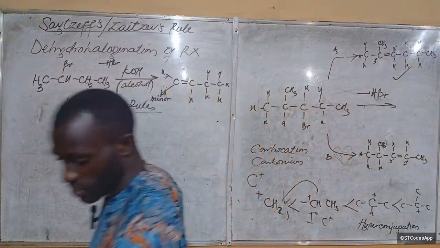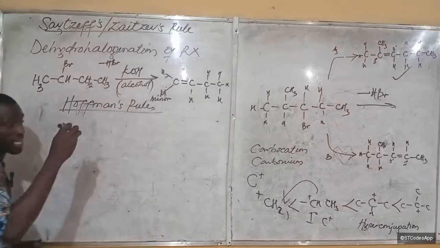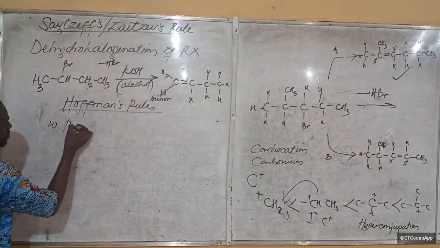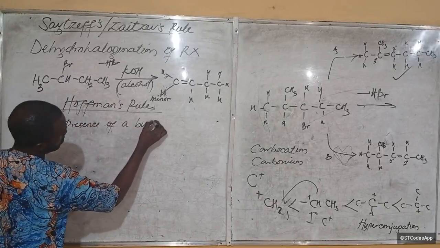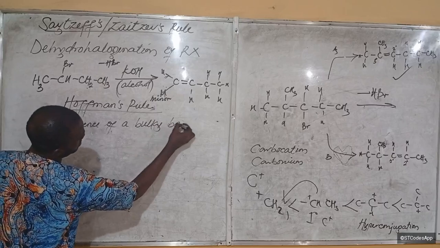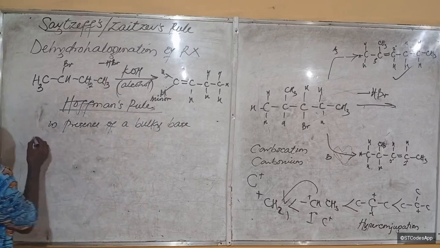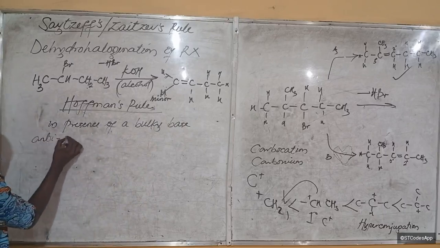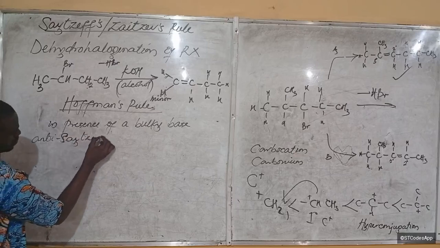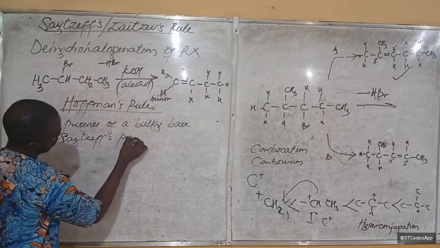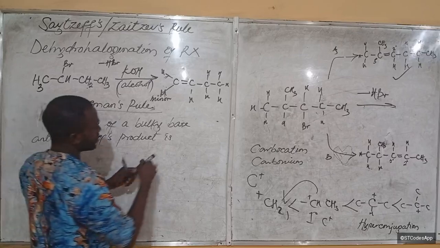That is, Hofmann's rule is saying that when we want to dehydrohalogenate an alkyl halide in the presence of a bulky base, the reverse, the anti-Zaitsev's product, is formed.